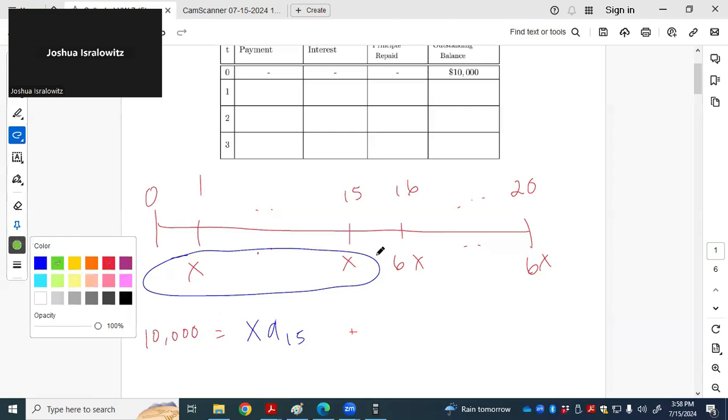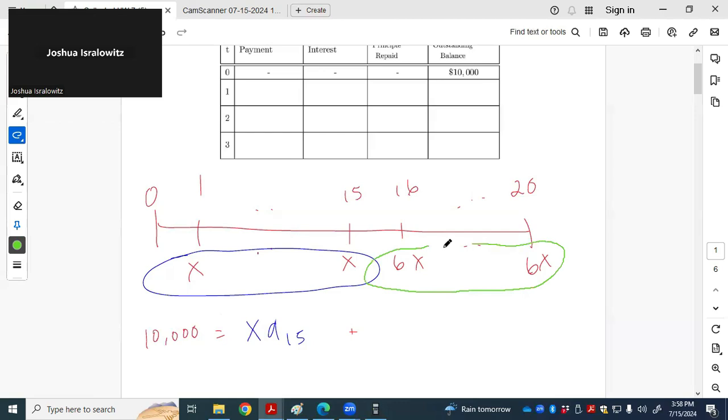Quite a few people don't quite get this concept yet, so that's why I'm doing it. As an annuity immediate, the first payment period for the 6X's is 15 to 16.